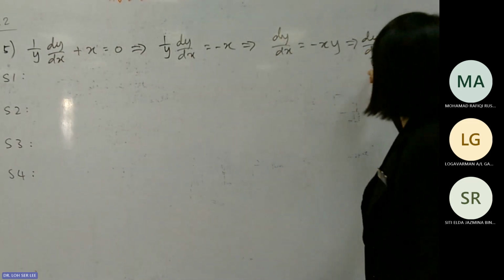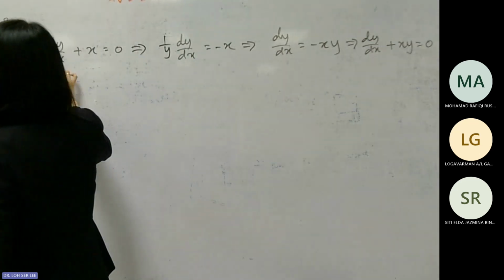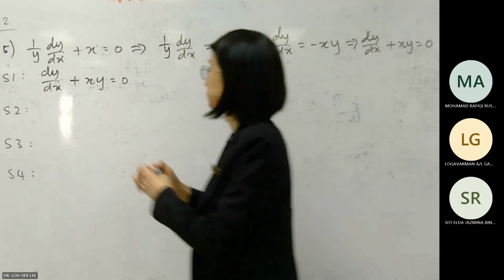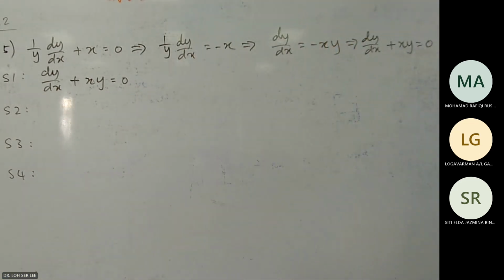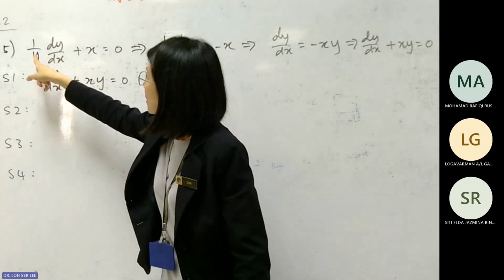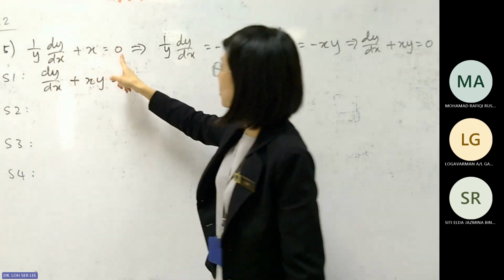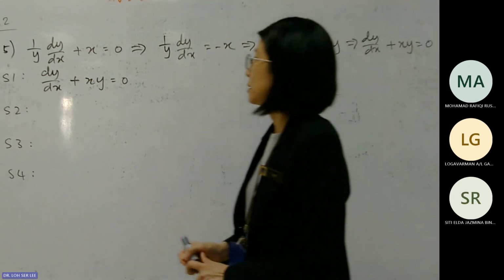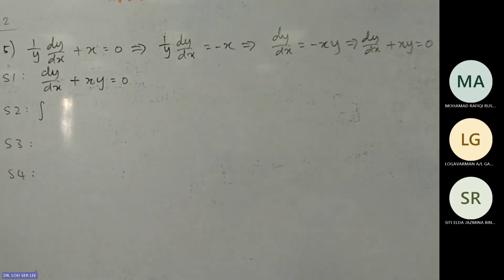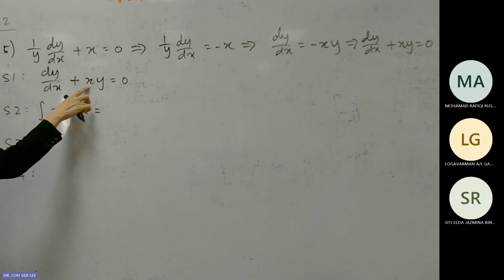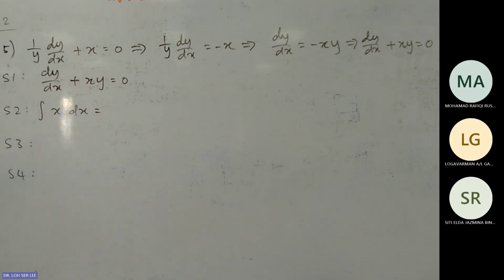So for this one, the step 1 function is dy/dx plus xy equals 0. When you multiply by y, it will be much faster. Then step 2, you are integrating the coefficient function of y, which is plus x.